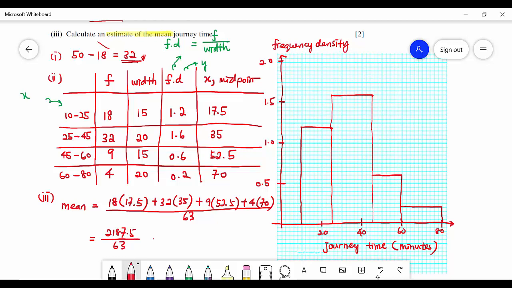Your final answer for the mean will be 34.7, correct to 3 significant figures. In your solution, you have to show the midpoint values somewhere in your steps. You can show it in a table form or in your steps. So this is the solution for this question.